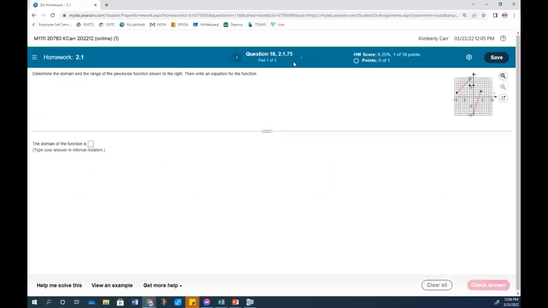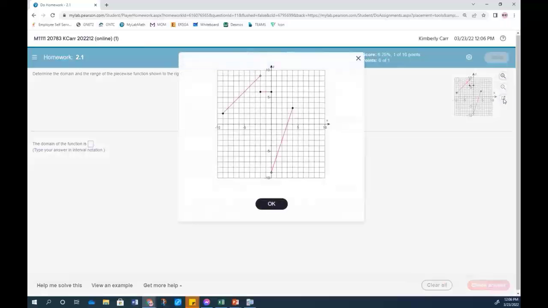Determine domain and range and write an equation. The domain is all the x values used. So it starts here. Let me make this nice and big for us. It's from -9. And then it seems like it's open here, but we're looking at x values.